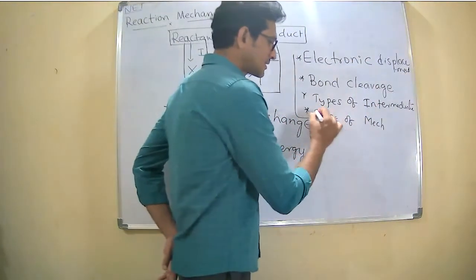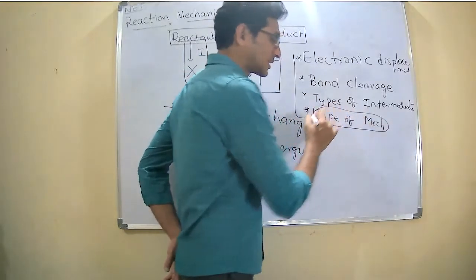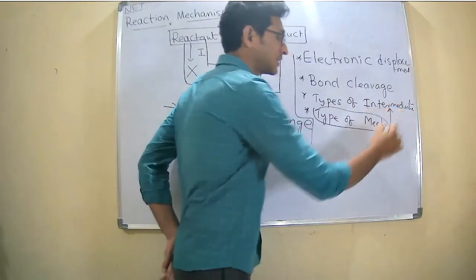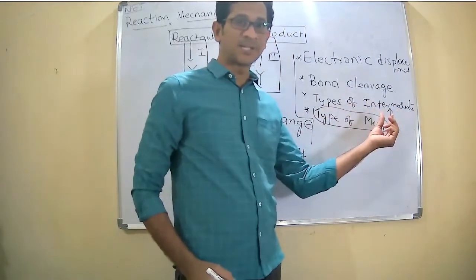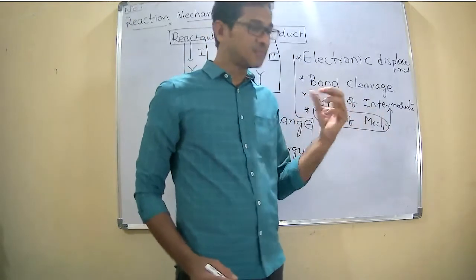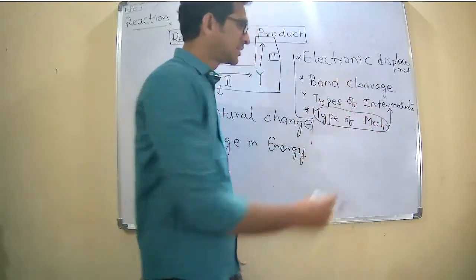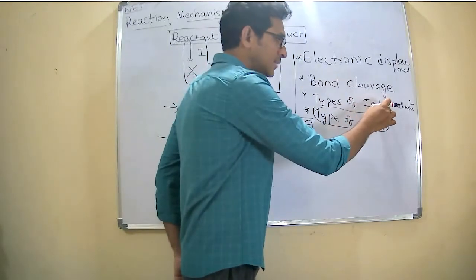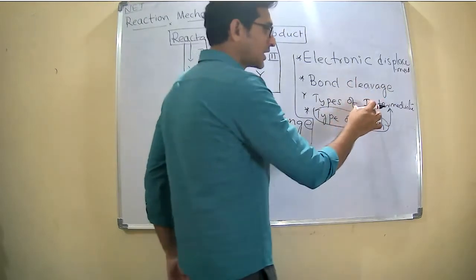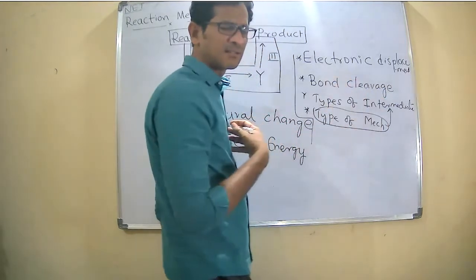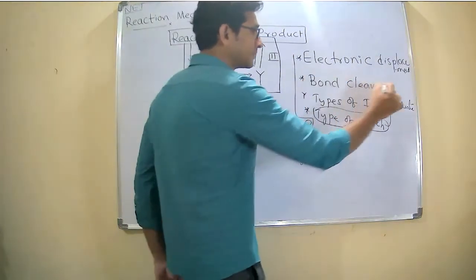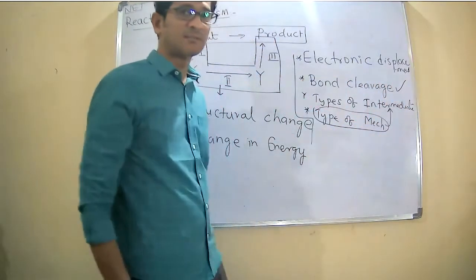The type of mechanism can be decided by the type of intermediate. The intermediate may be a carbocation, a carbanion, or a free radical. That intermediate provides such a type of mechanism. What intermediate we are getting can be decided by the bond cleavage.